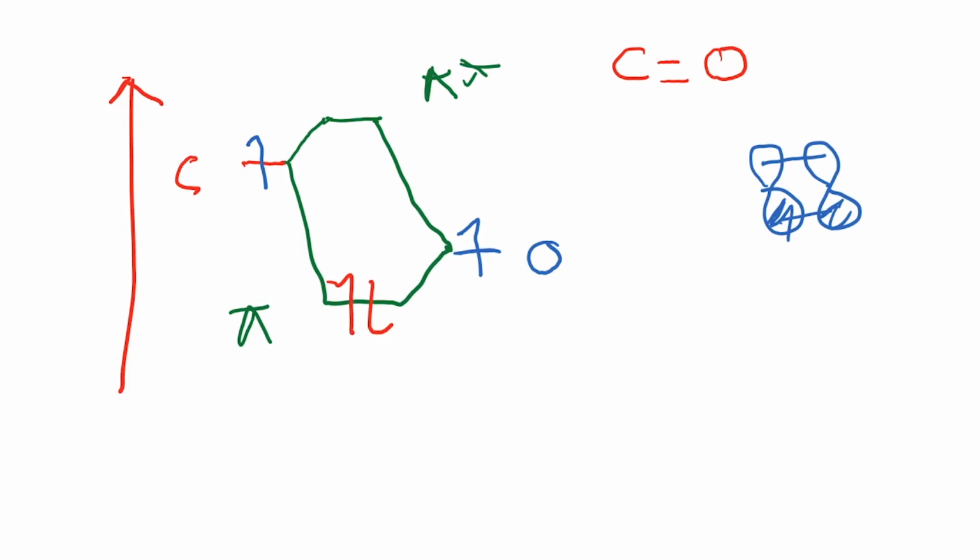Now if you want to understand what this pi bond looks like, it's very interesting because the pi star, for example, has a greater contribution from carbon, whereas the pi bond has a much greater contribution from oxygen. The character of the pi bond is going to be dictated by the bonding orbital, so the pi orbital is going to be influenced more by oxygen.